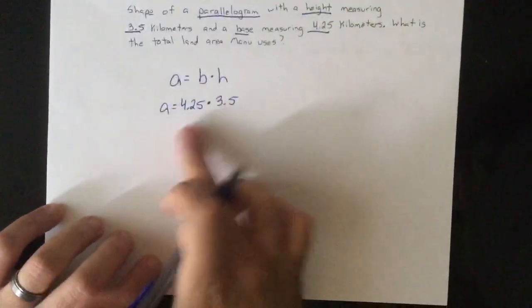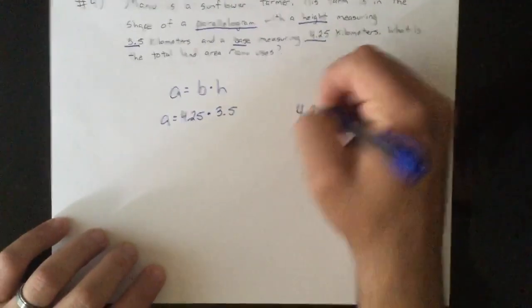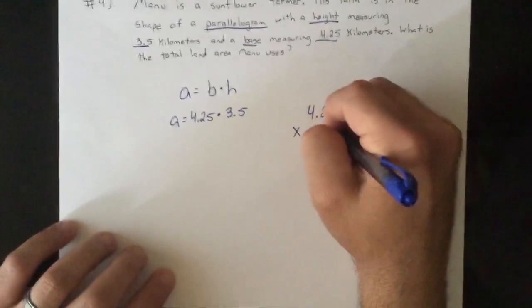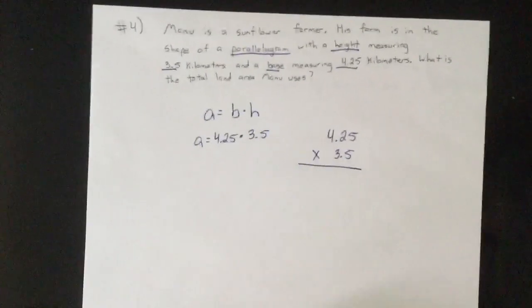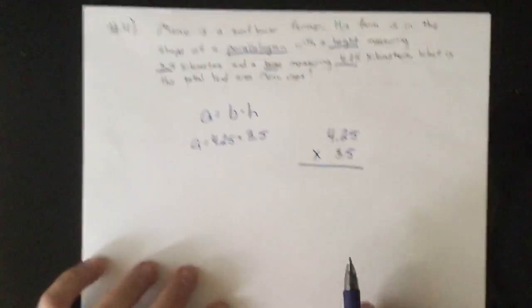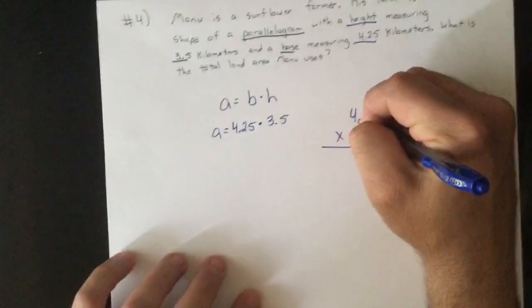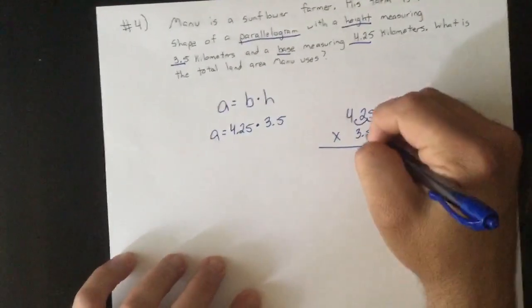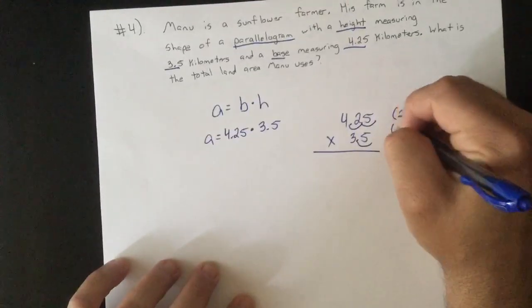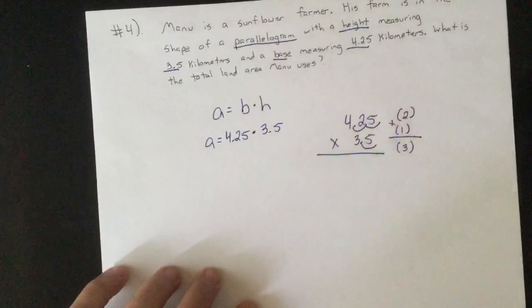Well, guys, you're given a base and a height. You just have to multiply. Now, remember when we are multiplying decimals, do not line up the decimals. Do not. So, start by moving the decimal 2 places to the right. That was 2 movements. On the bottom, that was 1 movement. So that was a total of 3 movements.